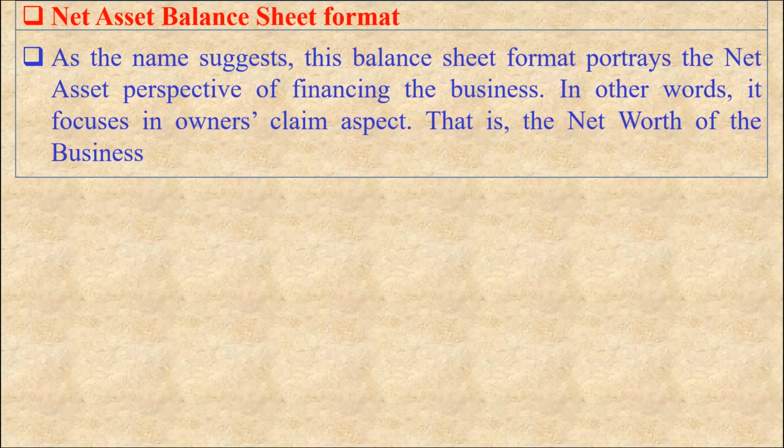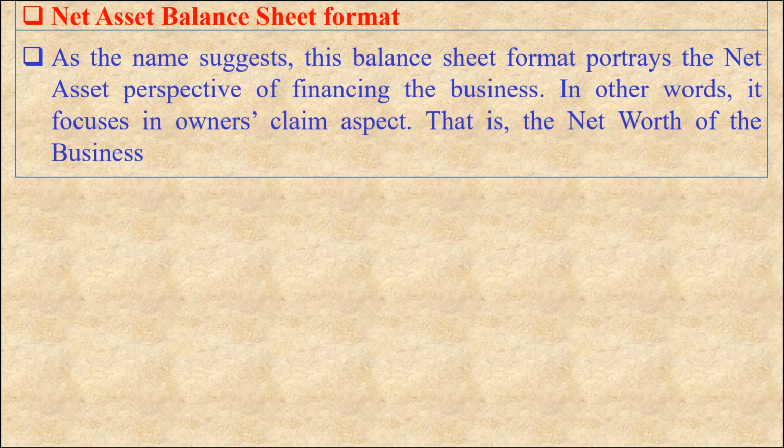category, and that is the net asset balance sheet format. Now, as the name suggests, this balance sheet format portrays the net asset perspective of financing the business. In other words, it focuses on the owner's claim aspect, that is the net worth of the business.